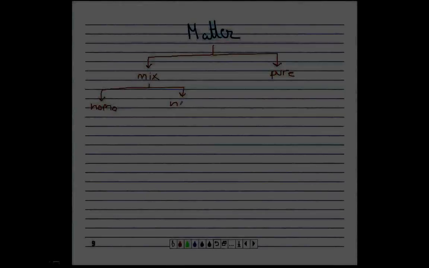The mixture can be either homogeneous or heterogeneous. Now the pure matter can be either a compound or an element.